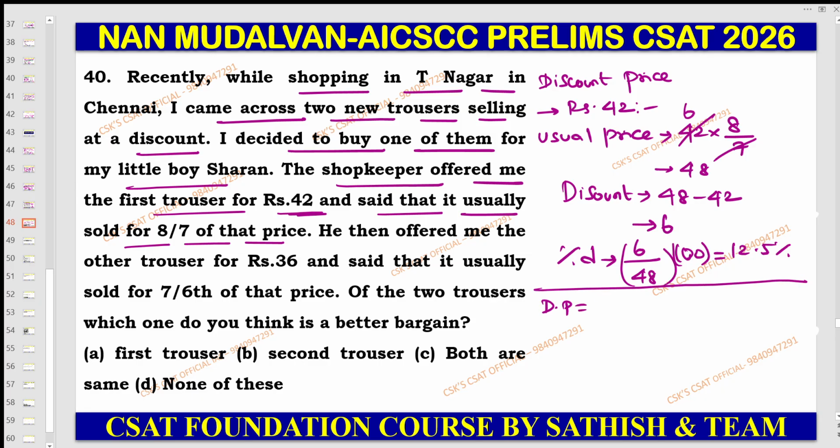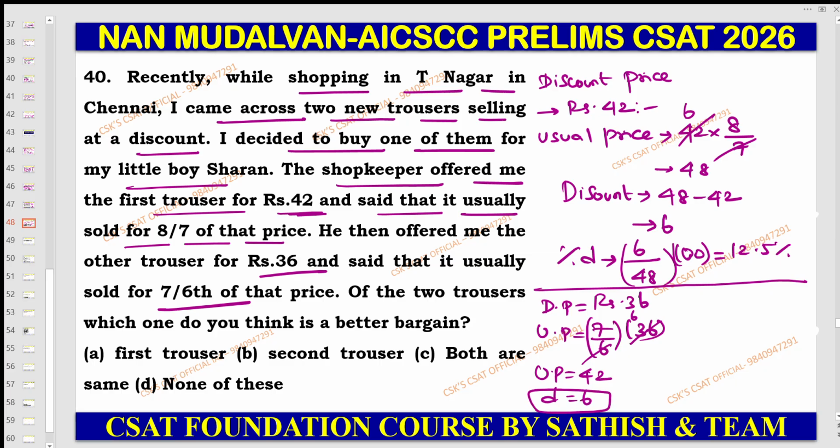Your discount price is rupees 36 here. The usual price is 7 by 6 of the discount price. So you can see 6 times 7, your usual price here is 42. What is the discount? 42 minus 36, 6.